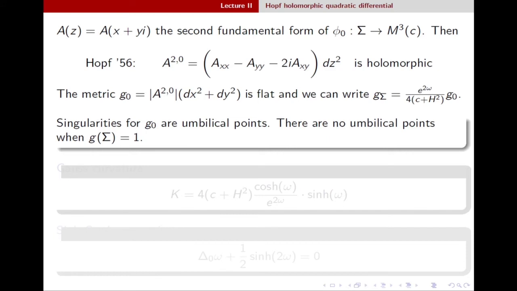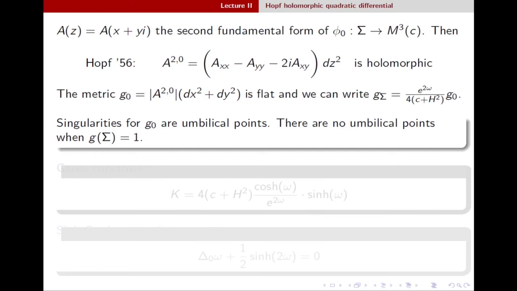Okay, so now that you know that this metric is smooth, this metric is also conformal to our original metric, right, by this conformal factor in terms of the function omega, right? So at this point I'm assuming that c plus h squared is always positive, but the cases where this is negative or 0, you can handle that in a very simple manner.